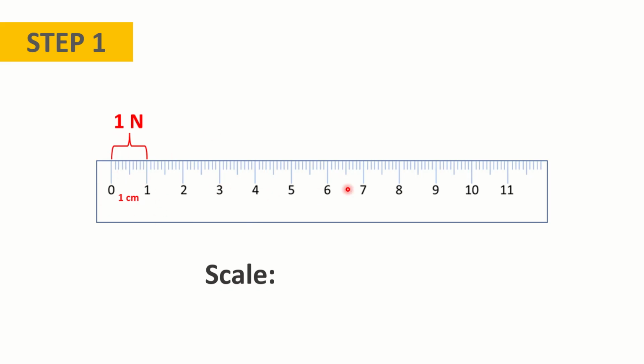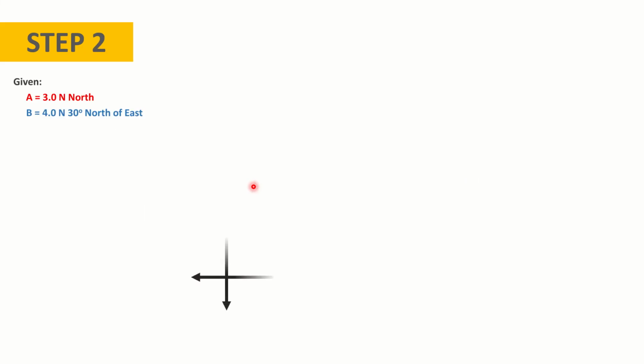So if I have 6 centimeters, that would mean the magnitude of the vector is 6 newtons. If I have 4 centimeters, the magnitude of the vector would be 4 newtons. Therefore, our scale to use is 1 centimeter is to 1 newton.